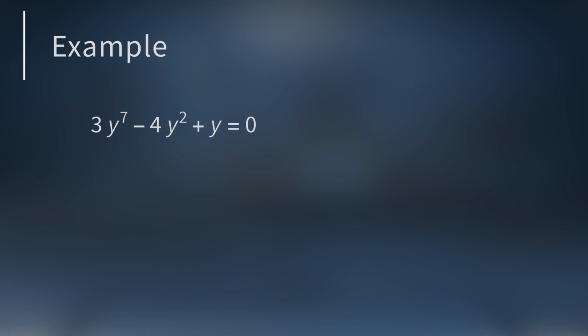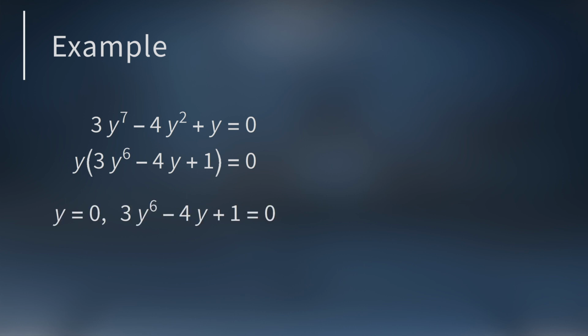For another example, look at the Diophantine equation 3y to the 7th minus 4y squared plus y equals 0. All the terms are on one side, and the polynomial is in standard form. So the first step is done. We can factor out y, which gives us y times the quantity of 3y to the 6th minus 4y plus 1 equals 0.